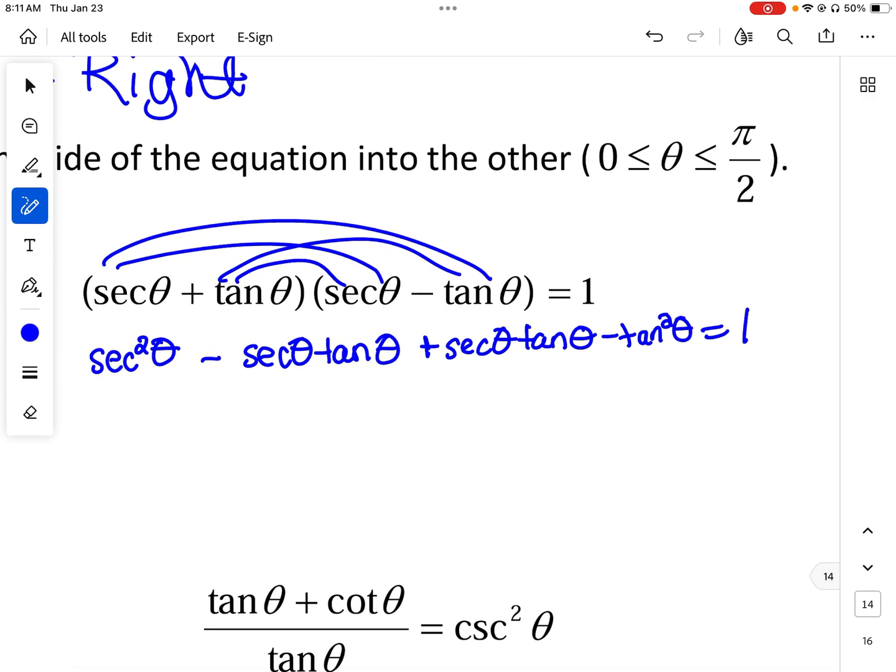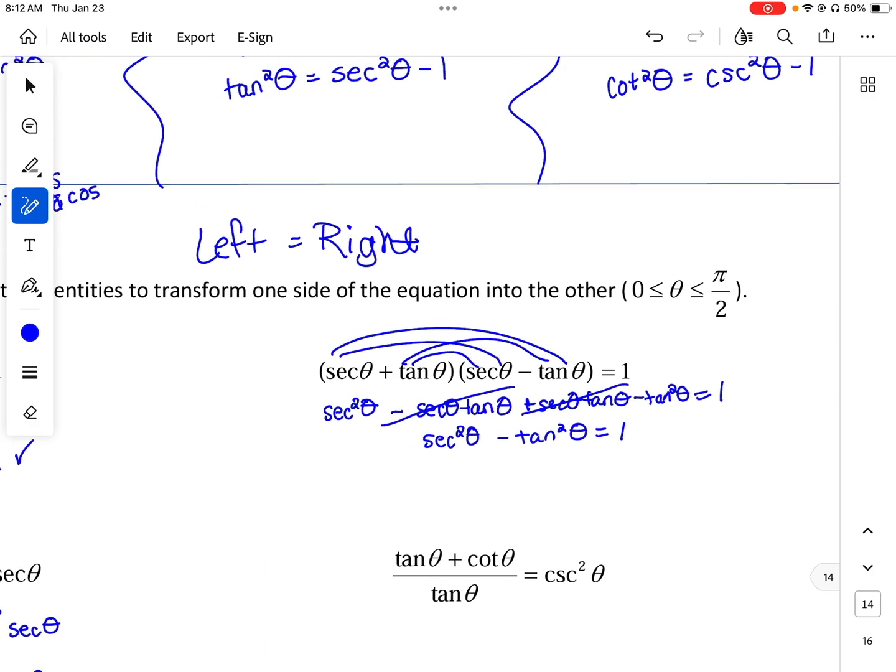All right, all this is difference of squares, because those middle terms will cancel out, and we get secant squared theta minus tan squared theta equals 1. Okay, so let's look and see if we have any of those as our identities.